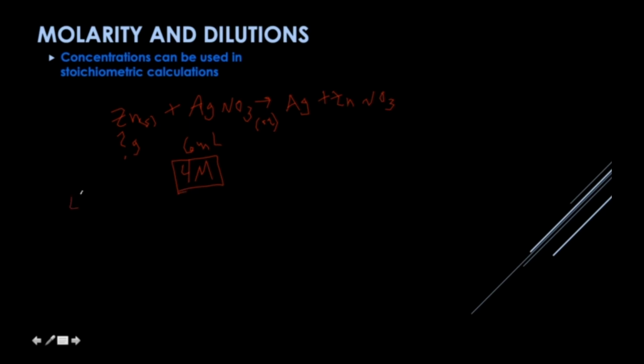So this 4 molar is actually 4 moles per 1 liter. So we're going to start there. We have 4 moles in every 1 liter. We don't have a full liter, we only have 6 milliliters of this. So we need to convert from liters. For every 1 liter, we have 1,000 milliliters. Now we can use this volume we were given.